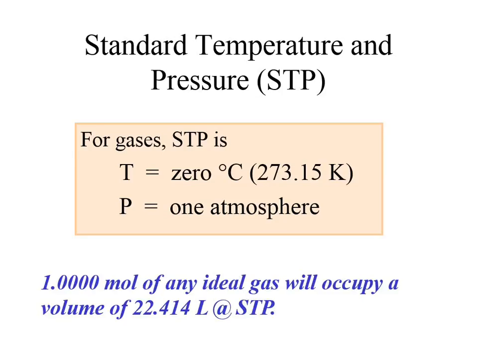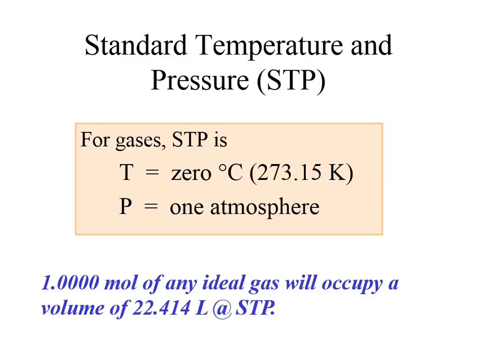That's why I brought the ball here today. If you have exactly 1 mole of any gas at standard temperature and standard pressure, then it must occupy a volume of 22.414 liters.